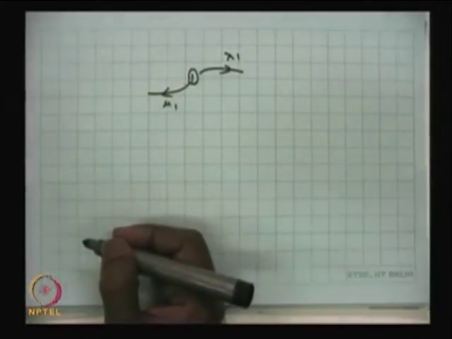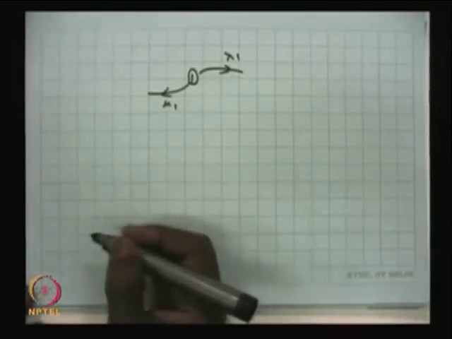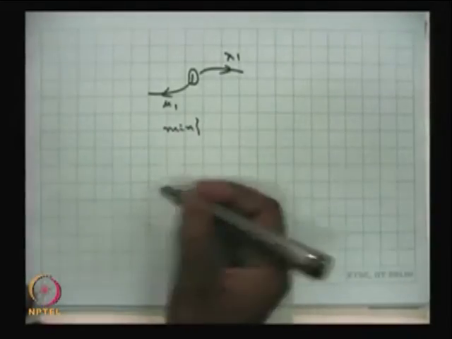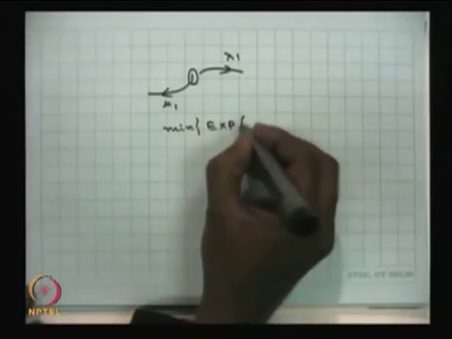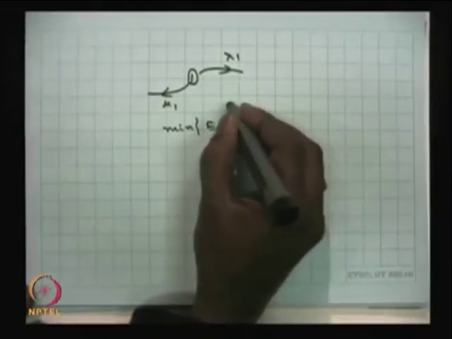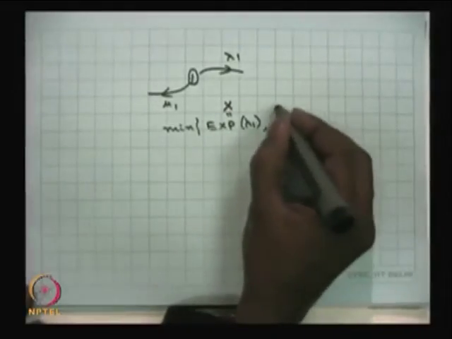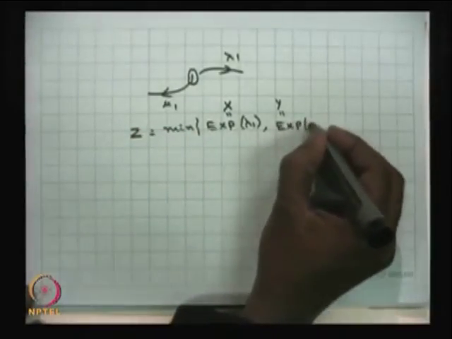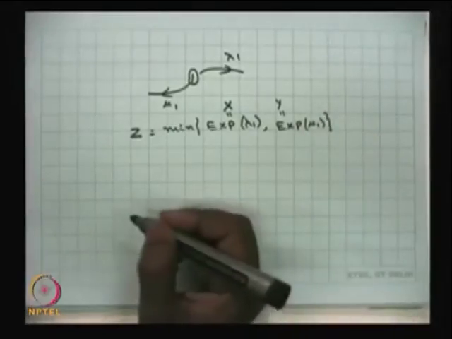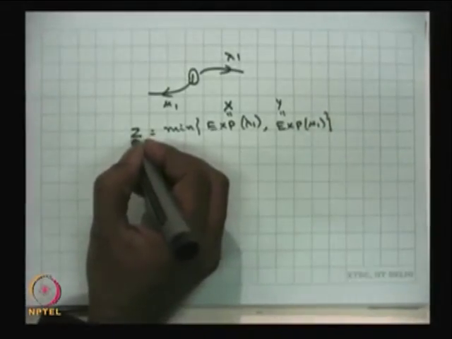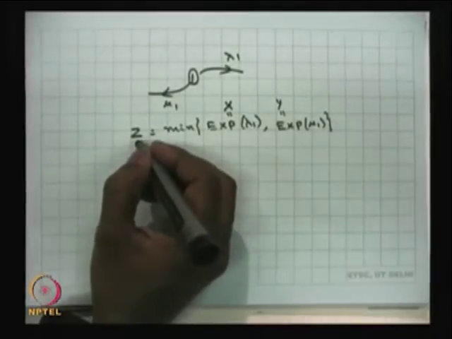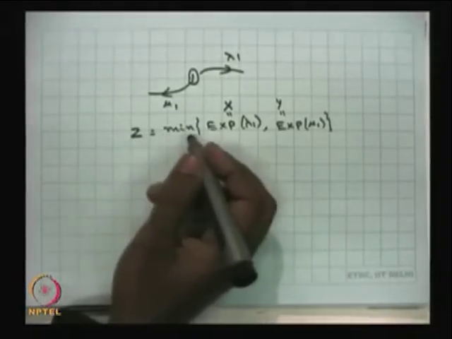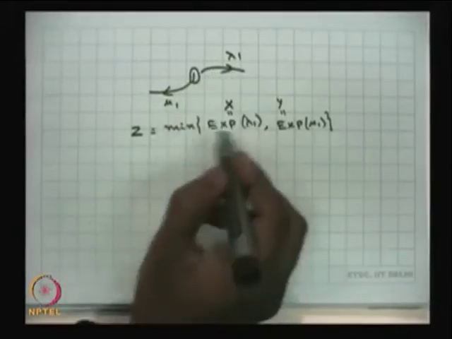Therefore, the time spent in the state 1 before moving into any other state is going to be the minimum of two random variables: one that is exponentially distributed with the parameter lambda 1, which you can call X, and another that is exponentially distributed with the parameter mu 1, which you can call Y. Here these two random variables are independent.